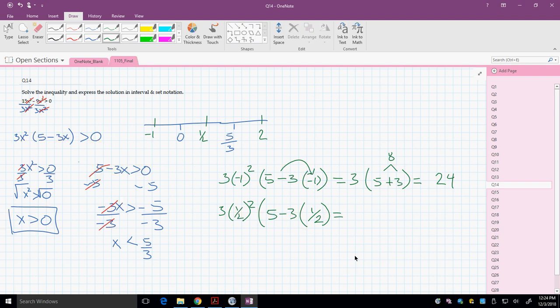So that is going to give me 3 times 1 is 3 over 4. And then inside the parentheses, I have 3 times 1 is 3 over 2. So I have 5 minus 3 over 2.